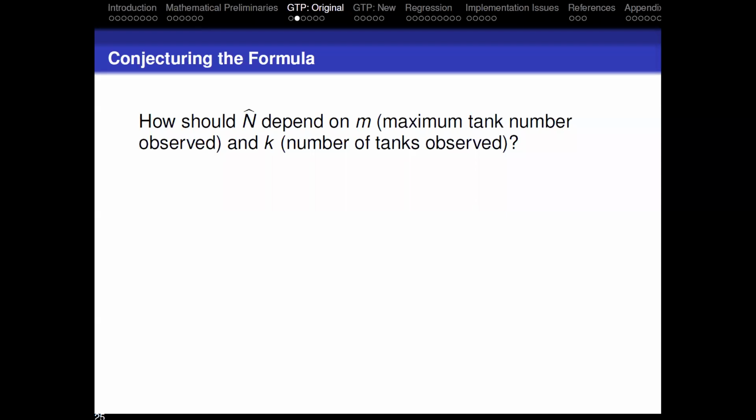How should n hat, our best guess on the number of tanks, depend on m, the maximum tank number observed, and k, the number of tanks observed? Does anybody want to give me any thoughts about the functional form? Can you give me any bounds on n in terms of m and k?